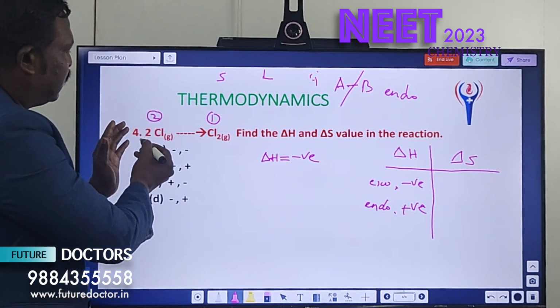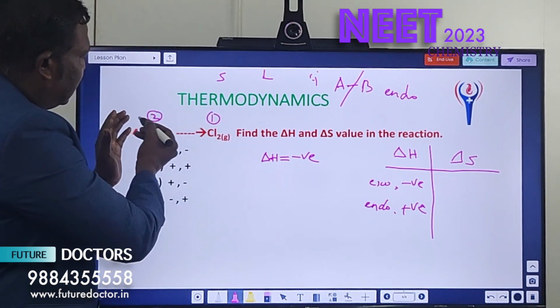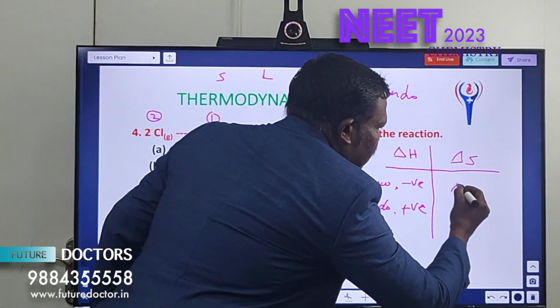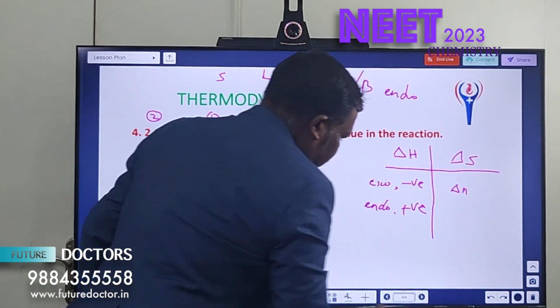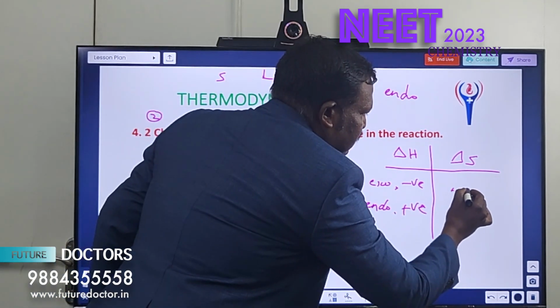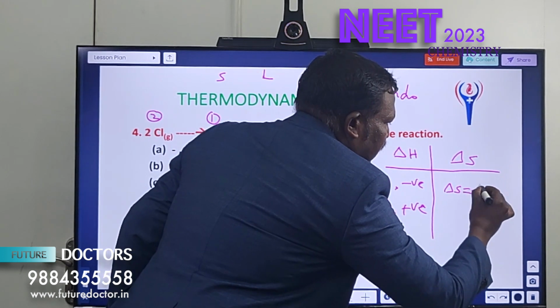Two particles become one particle; 2 atoms become one molecule. When the number of particles decreases from left to right, del S, which is the entropy change, also decreases. Del S is negative.